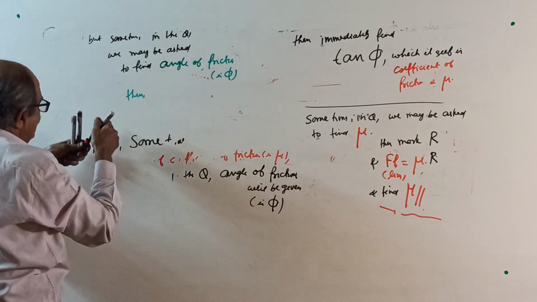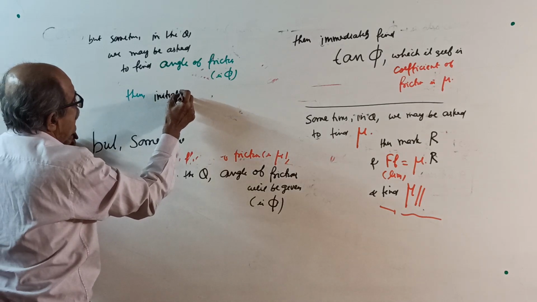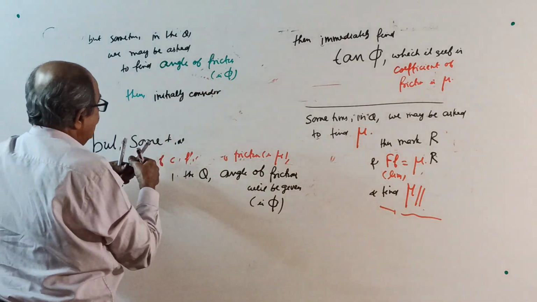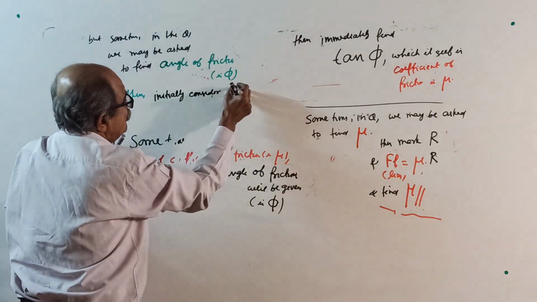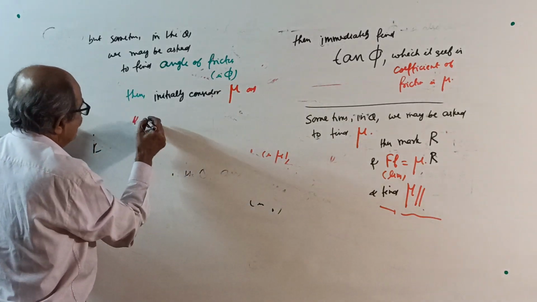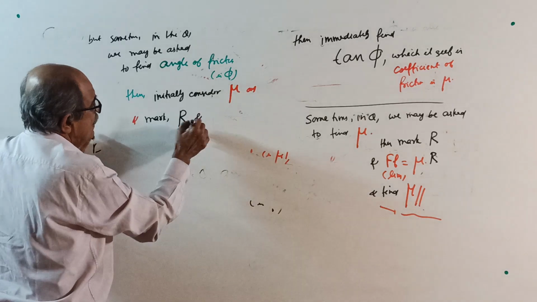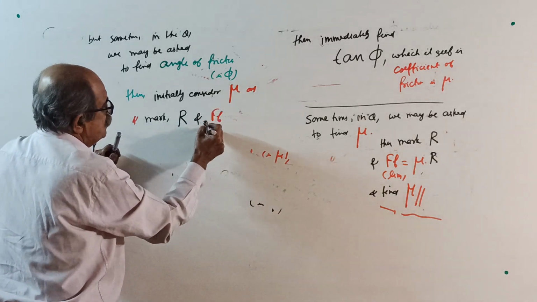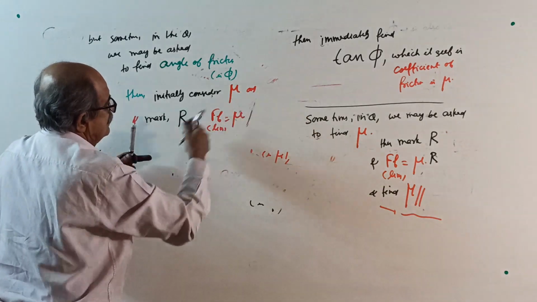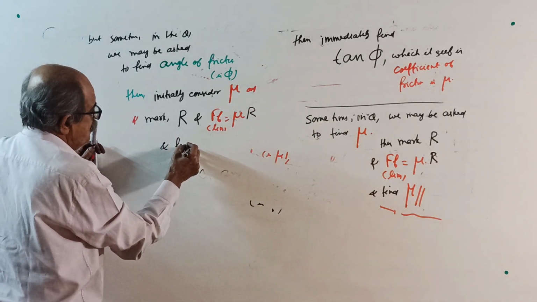Then initially consider coefficient of friction mu only, and mark normal reaction R and F limit equal to mu into R, and find mu.